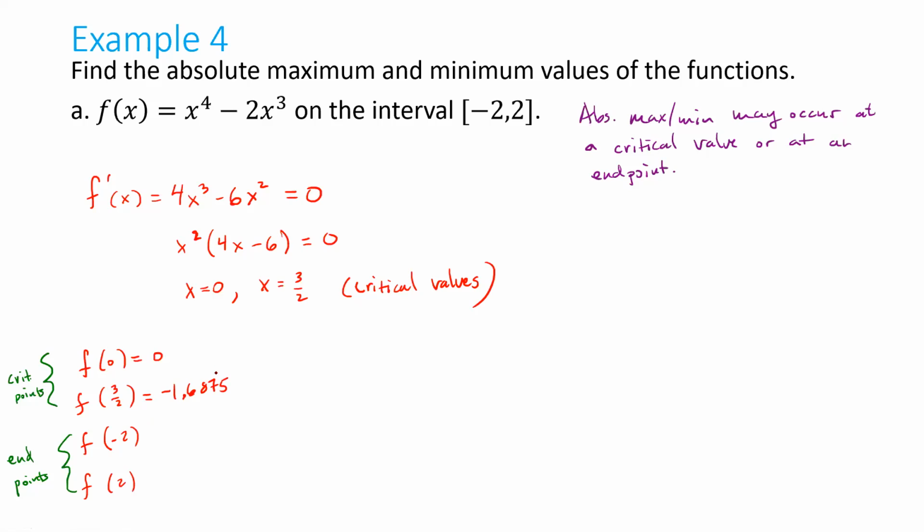F of 0 is 0. F of -2, let's see, what would that be? So that would be 16, and then let's see, 2 times 8 is 16, so plus 16, 32. And f of 2, 16 minus 16, yeah, so 0 for that one.